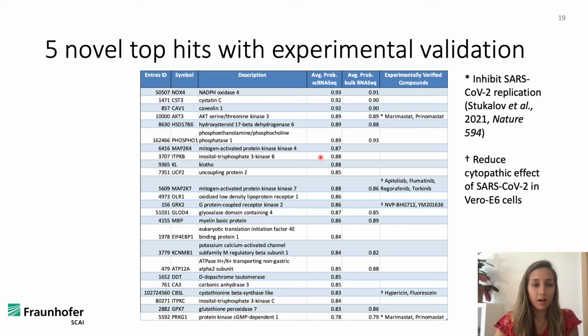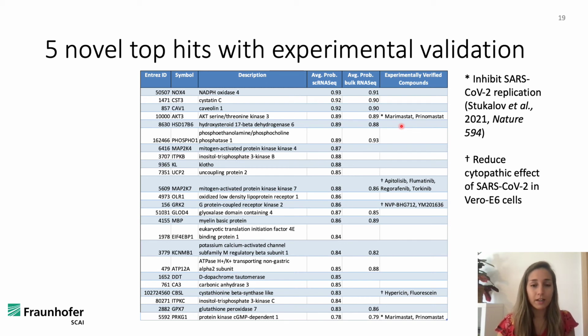On the left here, you can see that 2 targets, AKT3 and PRKG1, are potent drug targets for 2 drugs, marimastat and prinomastat. In a recent Nature paper, these drugs were found to significantly inhibit SARS-CoV-2 replication, which experimentally validates them as likely potential drug targets for COVID.